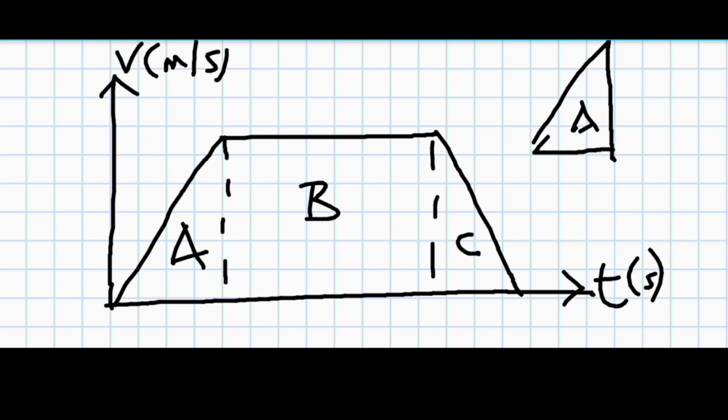The formula for finding the area of a right angle triangle is simply half base times height. Once we get the speed attained and the time taken to attain the speed, we can get the distance covered during uniform acceleration.